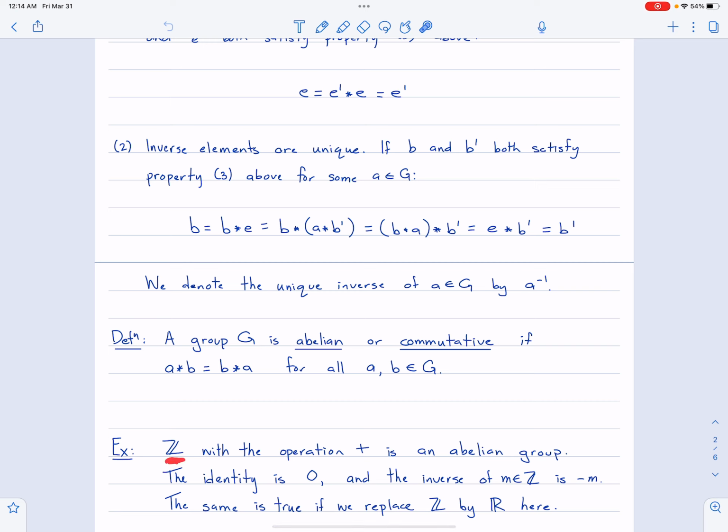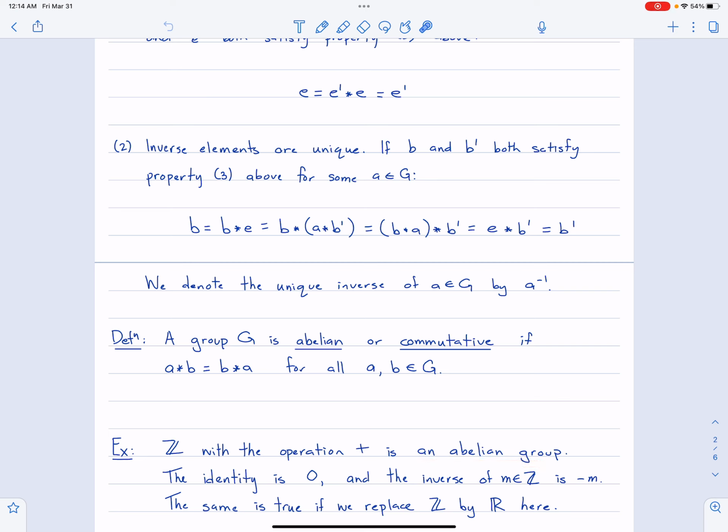Therefore, Z with the operation of addition is a group, and of course in Z we know that A plus B equals B plus A for all A and B in the integers. So because this is true, not only is it a group, it's also an abelian group.